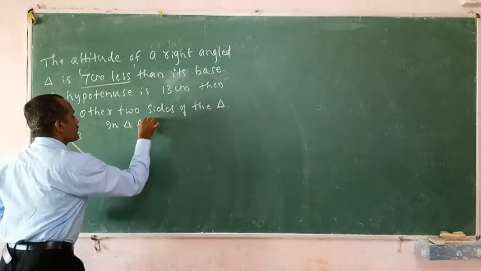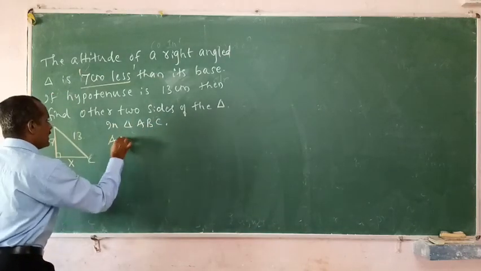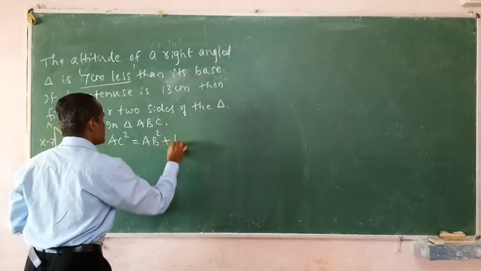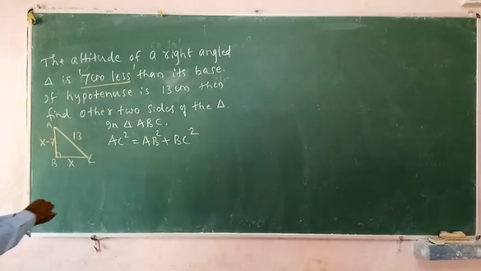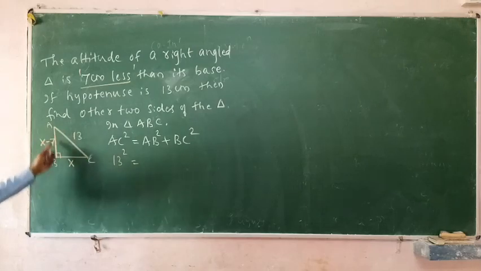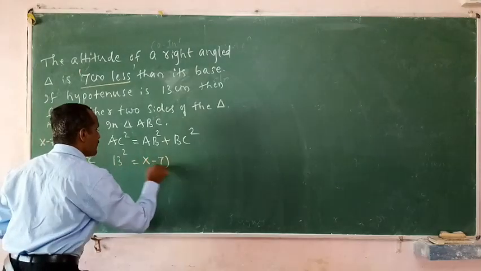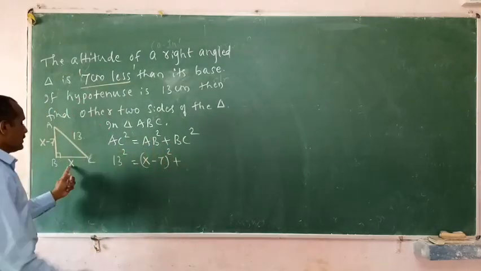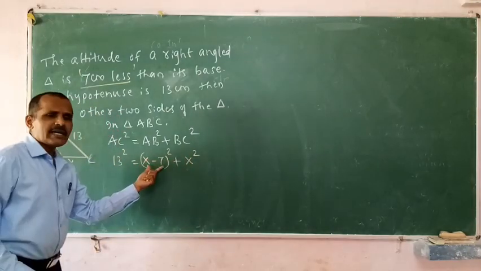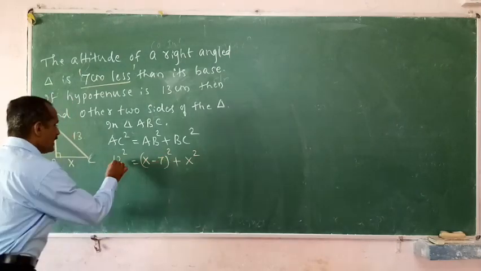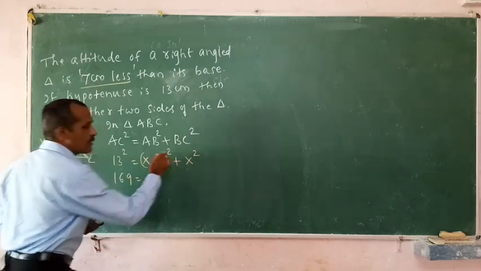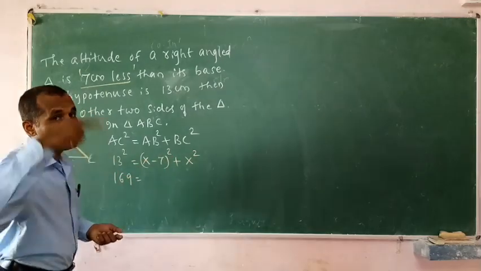In triangle ABC, AC square is equals to AB square plus BC square. AC square, 13 square, is equals to AB square, that means x minus 7 the whole square, plus BC square, which is x square. This is again a minus b the whole square. You can expand. 13 square is 169 is equals to a minus b the whole square, which is a square minus 2ab plus b square.